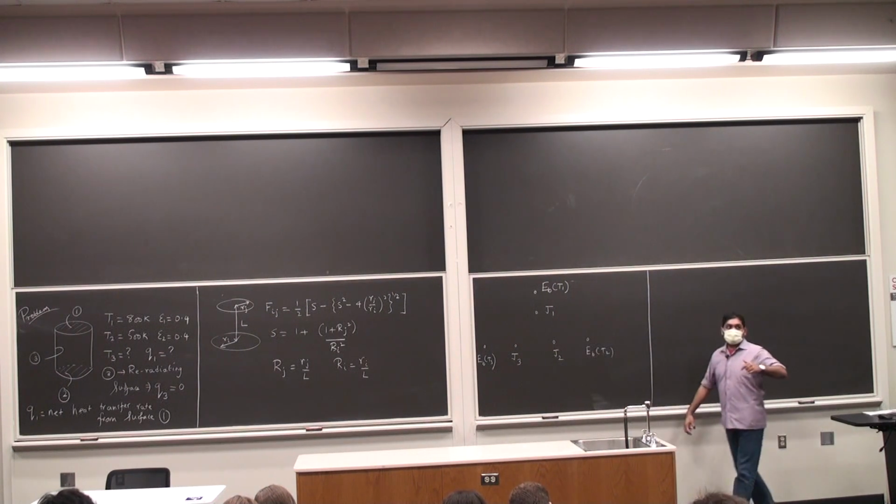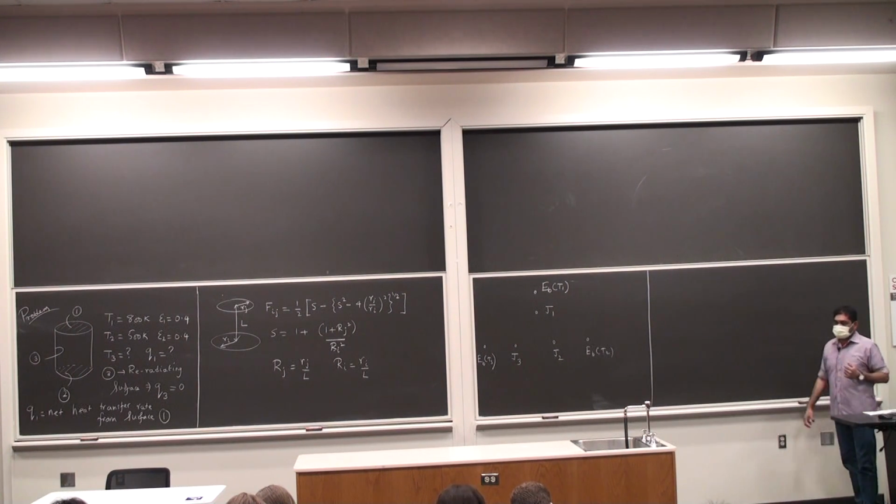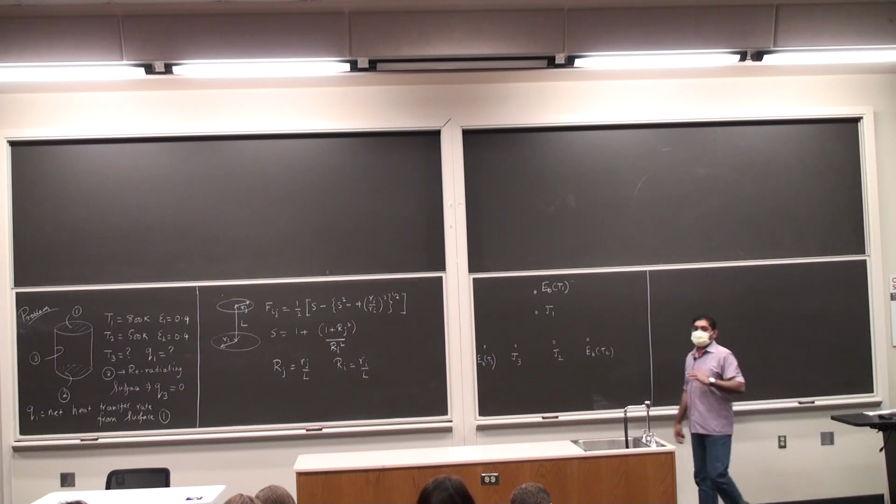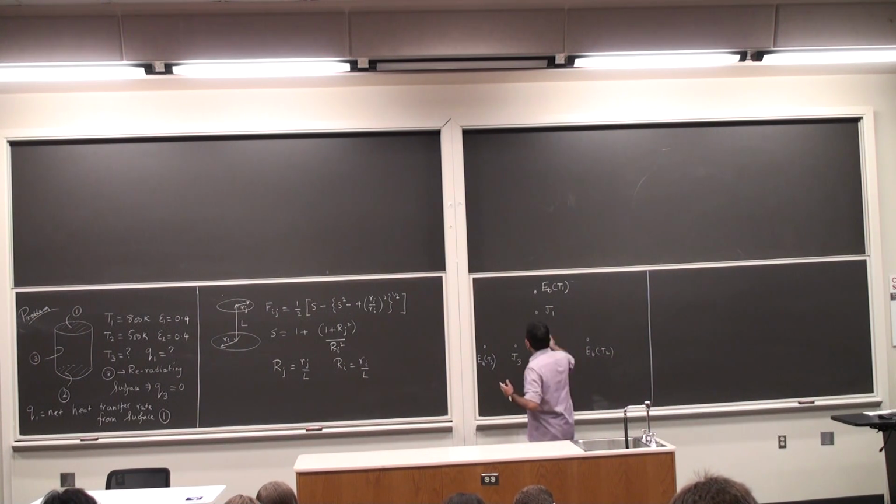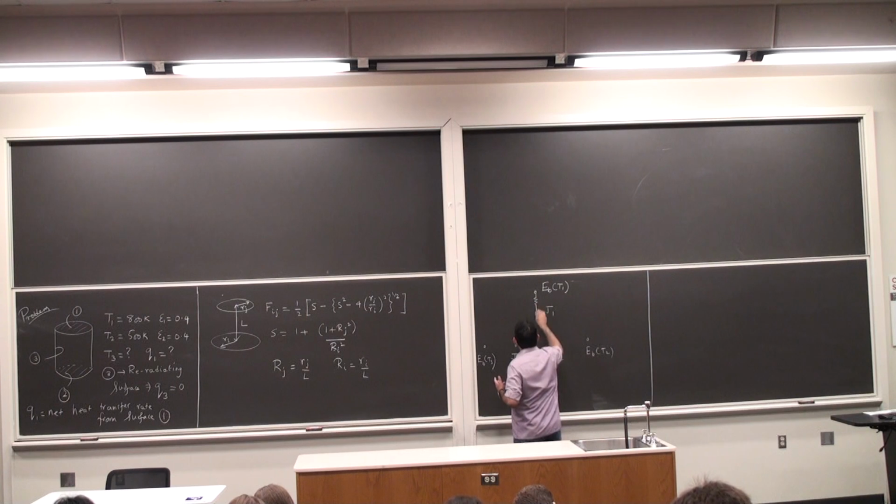So EB at T1, T2 and T3, these are the primary nodes, okay? And then J1, J2, J3 are the secondary nodes, and we join them all by the resistances.